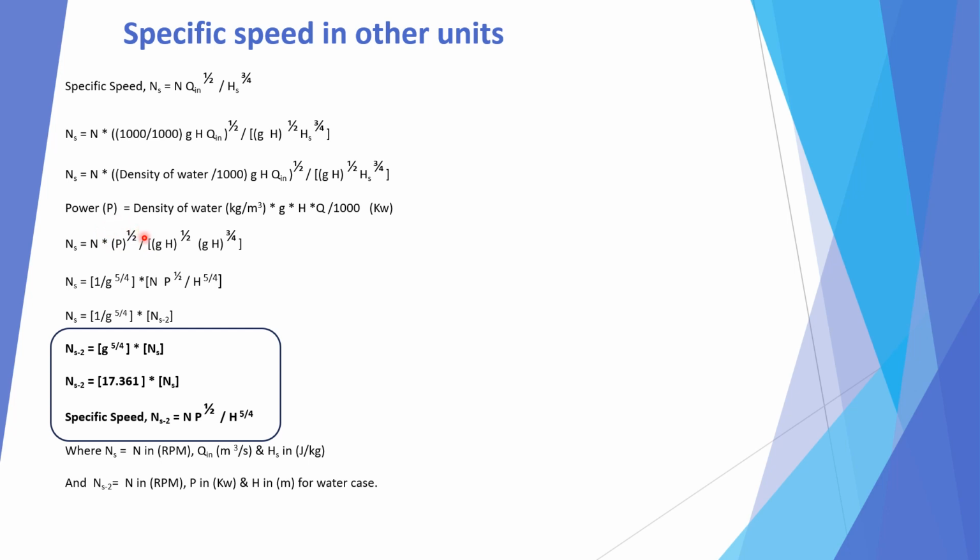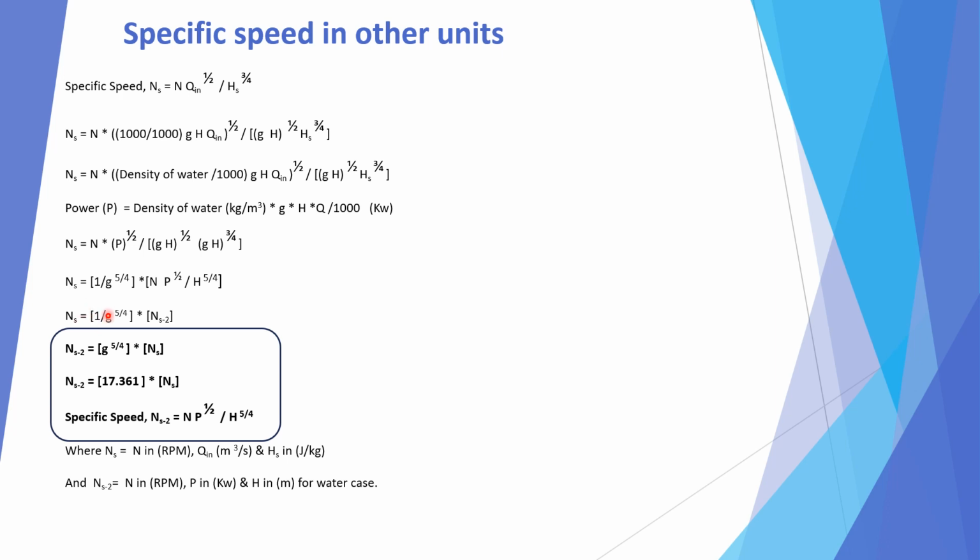But power is equal to density of water in kg per meter cube into g into H into Q divided by 1000, so the unit will be kilowatt. So we can write Ns is equal to N into P to the power half divided by Hs to the power half into Hs to the power 3 by 4.